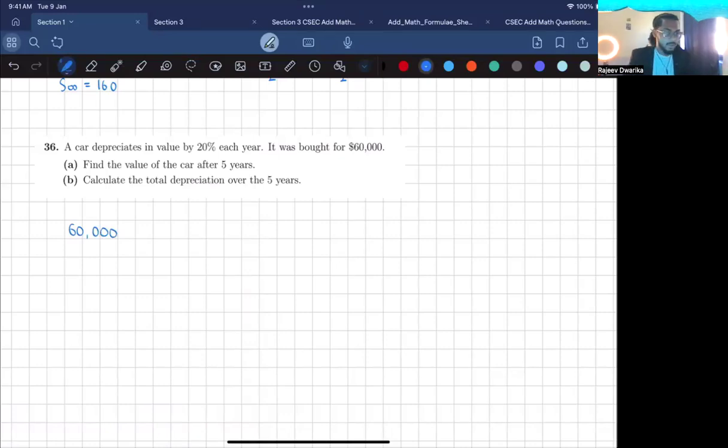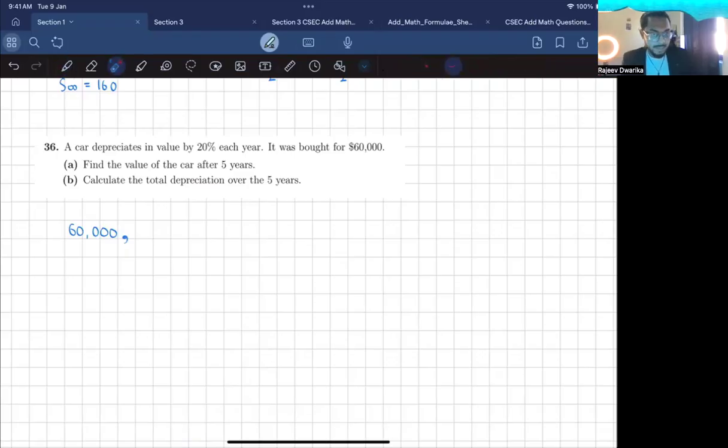Yeah, it would be 60,000 initially. And then it's decreasing by 20% each year, so we would have to find 20% of the 60,000.